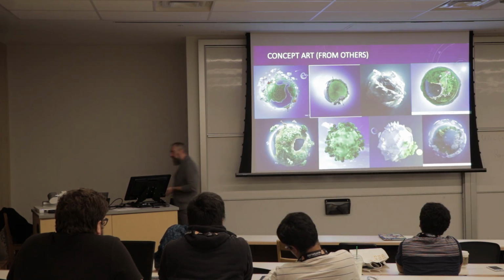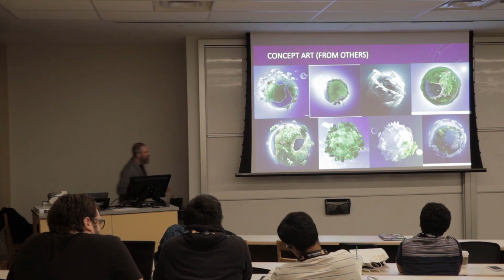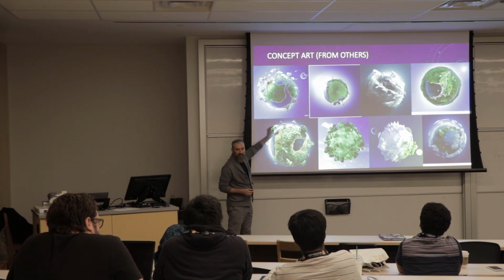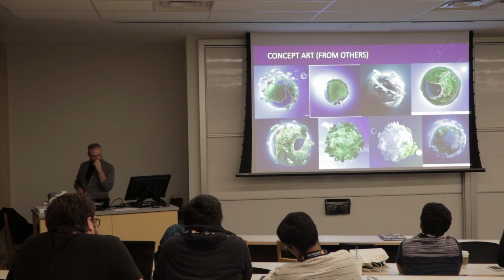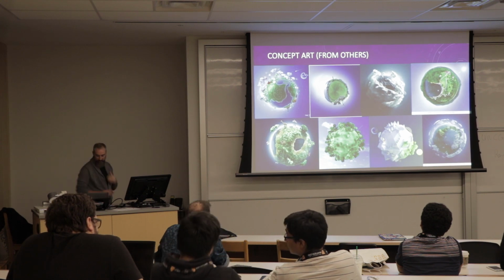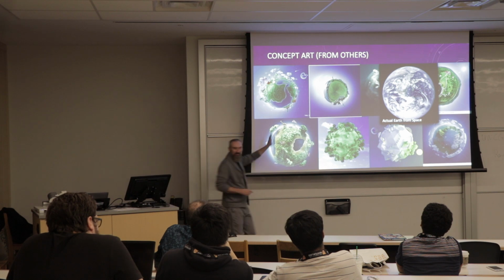One is the tininess. It's coming from the sense of scale of the features. The features are too big to be realistic for the size of the planet. Here's a tree. The tree is bigger than several countries. So that sells the tininess. Another thing is that if you look at the real Earth from space, it doesn't look anything like this.